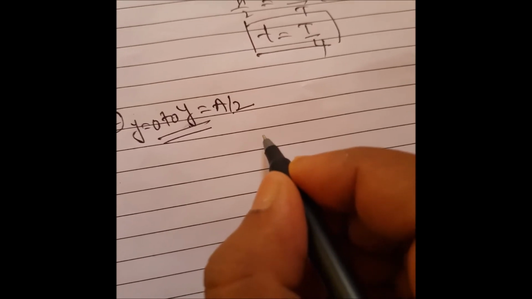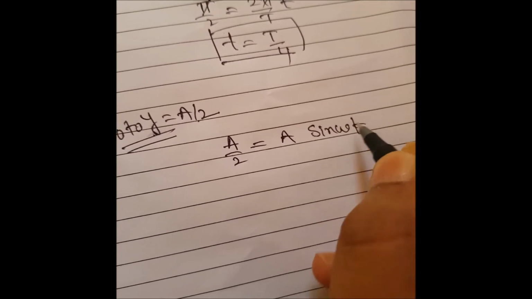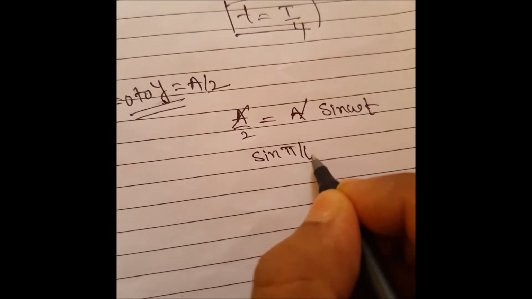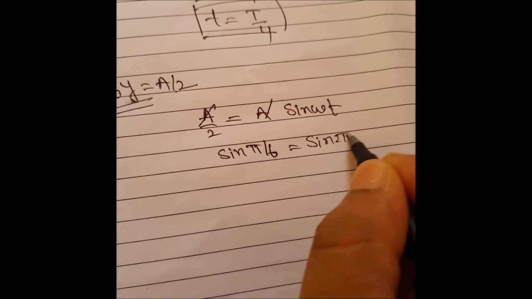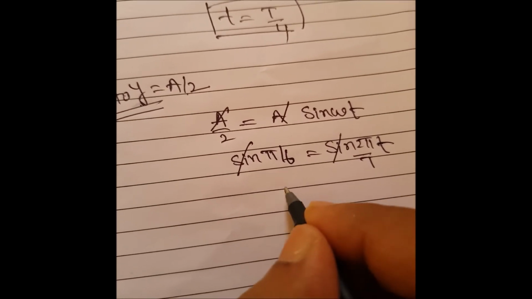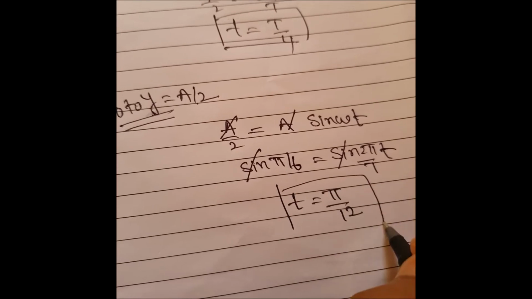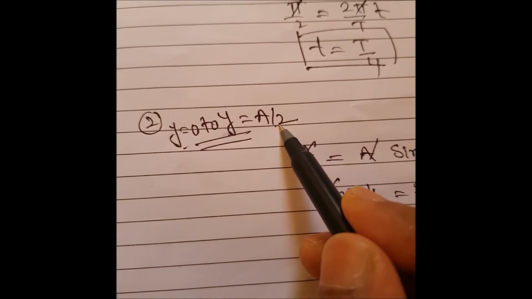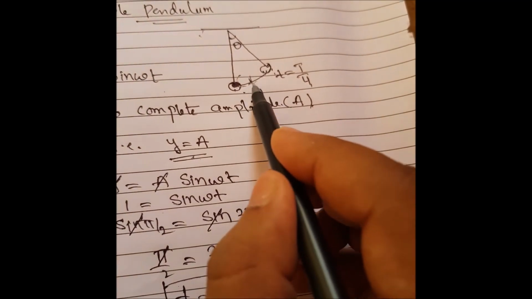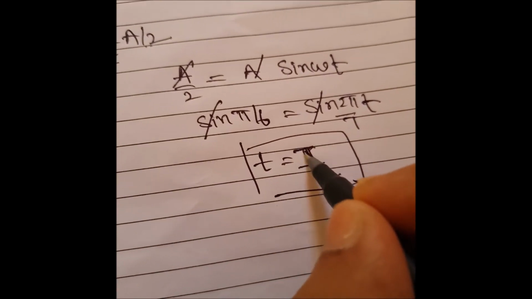So in place of y, a by 2: a by 2 equals a sin omega t, a cancelled. 1 by 2 is sin pi by 6, which equals sin 2 pi by T into t. Sin is cancelled. Solving for time, this gives T by 12. This is from 0 to a by 2.